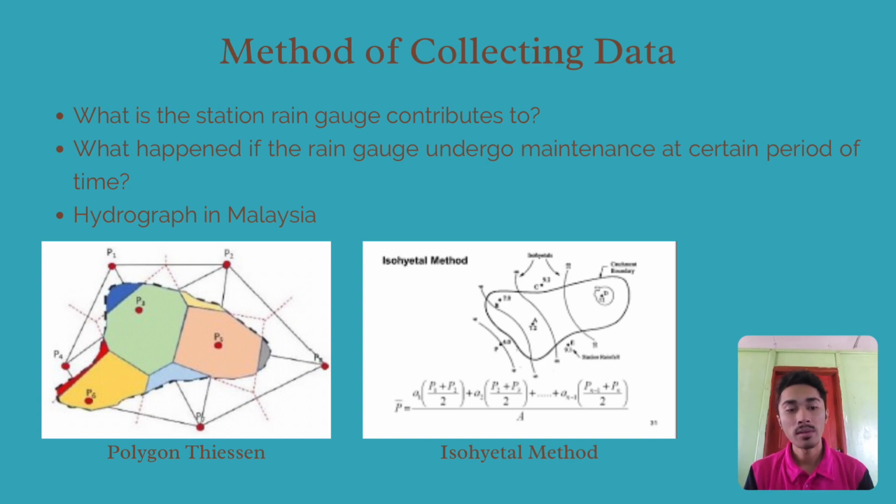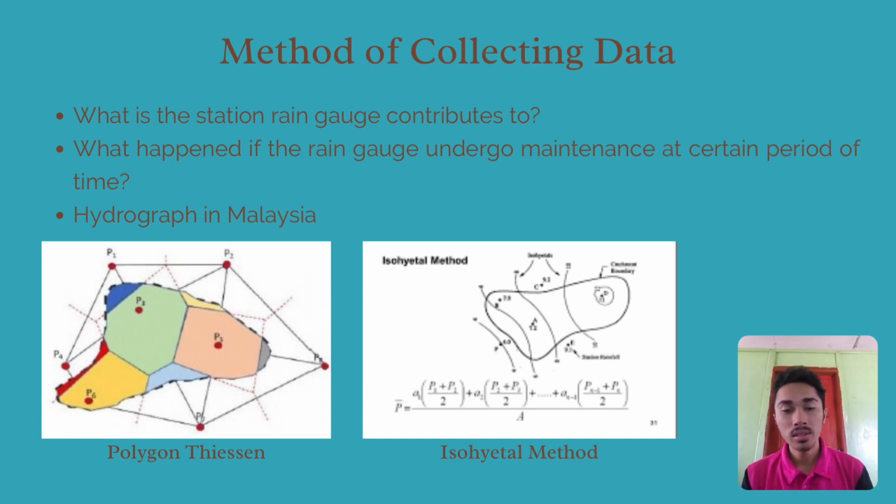So there are a lot of calculation methods to approach this problem. There is the Thiessen polygon, there is the isohyetal method, and there is the normal average calculation by using nearby stations. The Thiessen polygon calculates the specific area that we want, or the catchment area, in order to get the average rainfall data across the area shown.